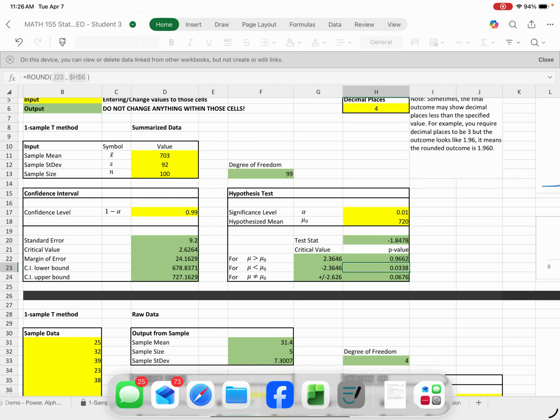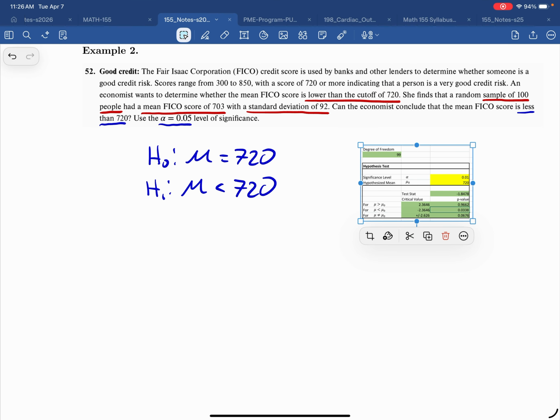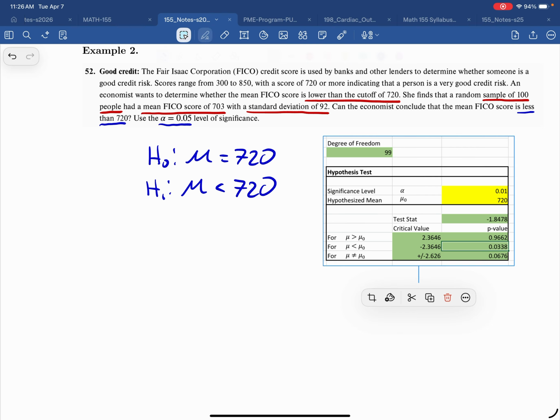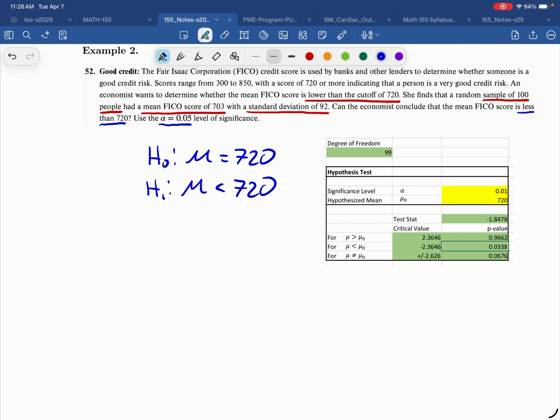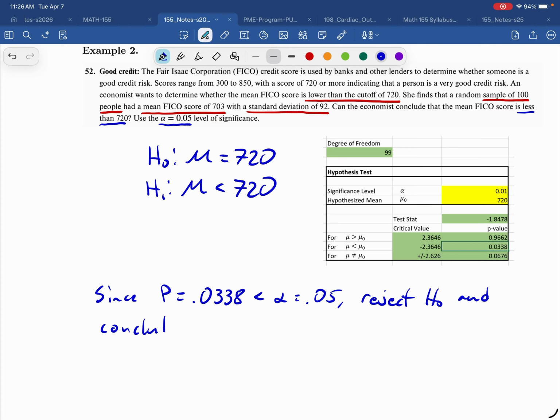So if we go ahead and just stick this in here, we see that since p equals 0.0338, which is less than alpha equals 0.05, we reject the null hypothesis and conclude, what do we conclude?